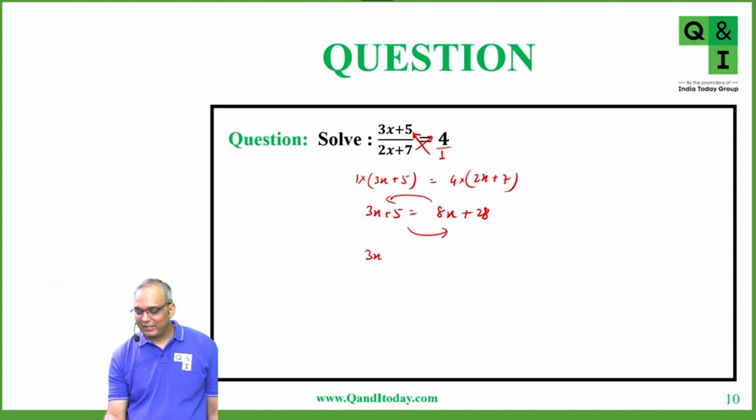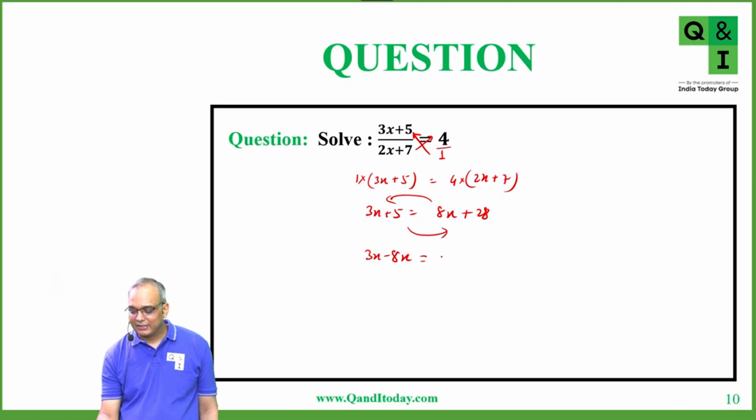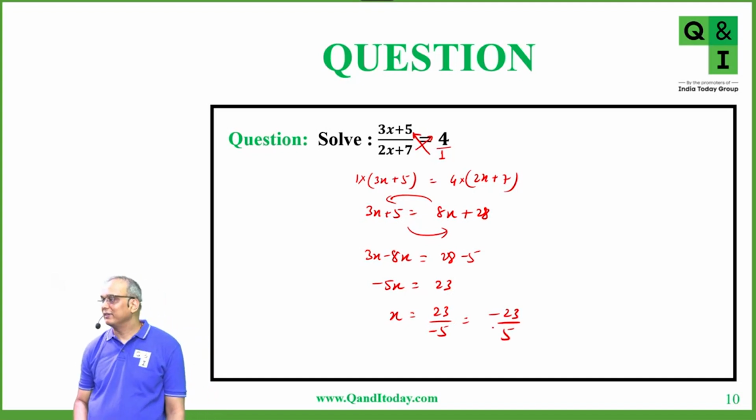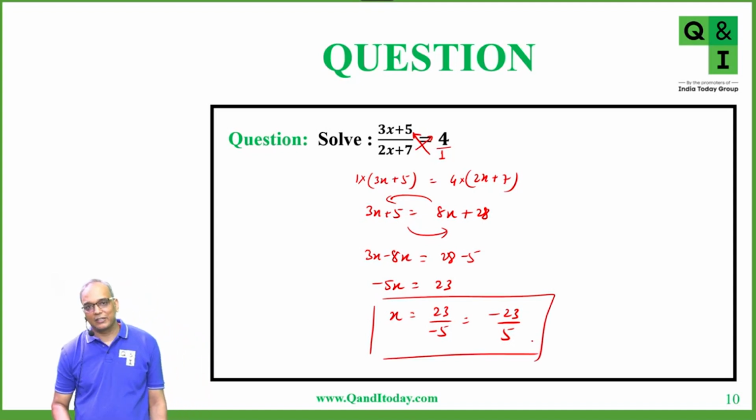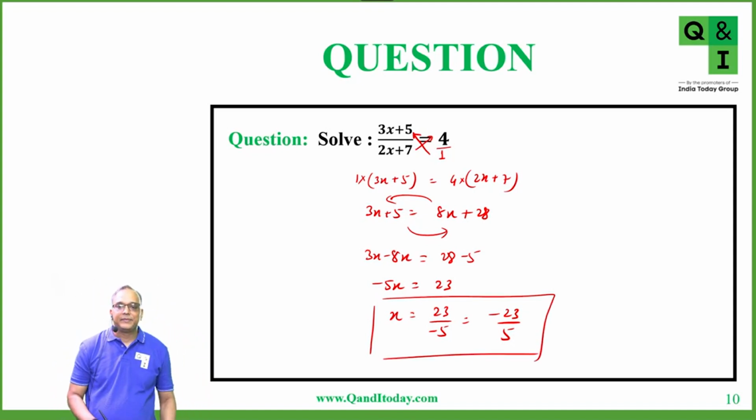So we have 3x minus 8x is 28 minus 5. So this is negative 5x is equal to 23, or x is 23 over minus 5, that is minus 23 by 5. So the value of x is minus 23 by 5. This is the solution of this linear equation. Is it clear, students?